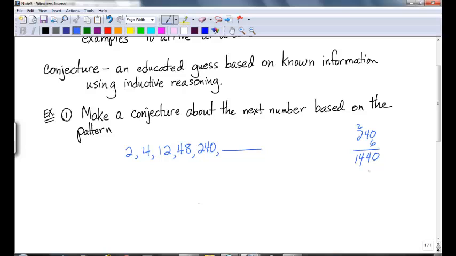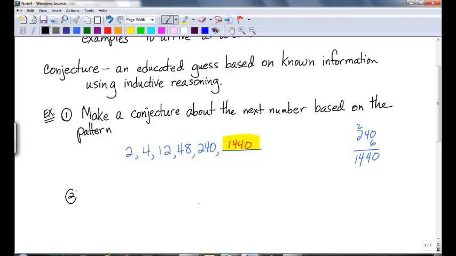You agree with that? So 1,440. That would be our conjecture, our guess based on that pattern. Does everybody see the pattern? Now that one came pretty readily.